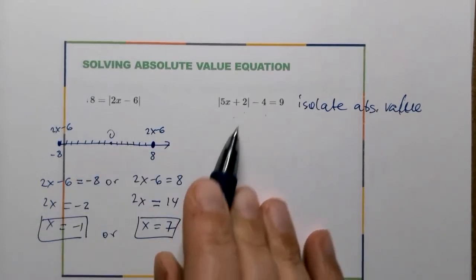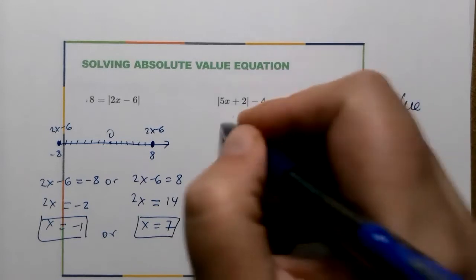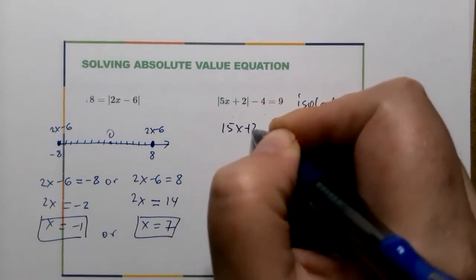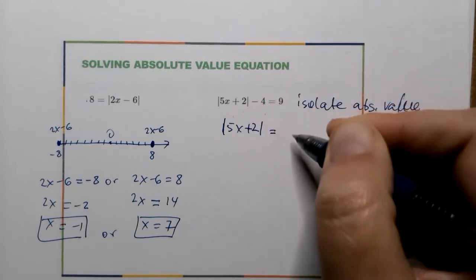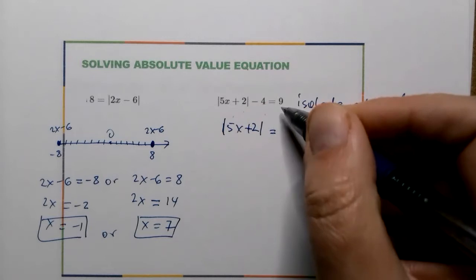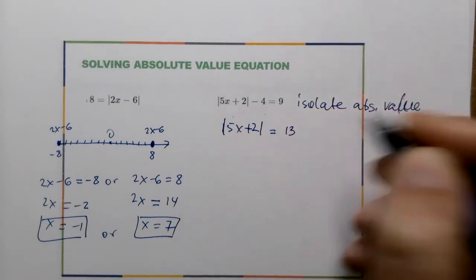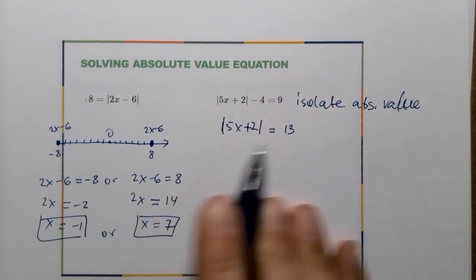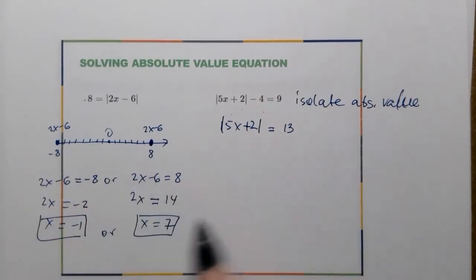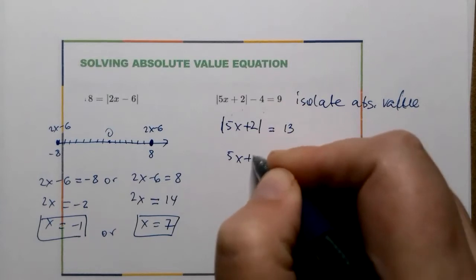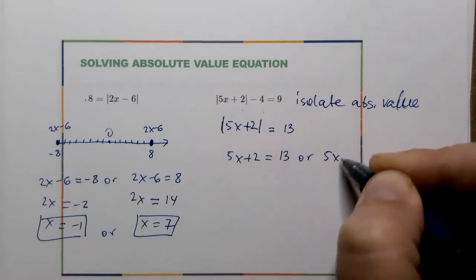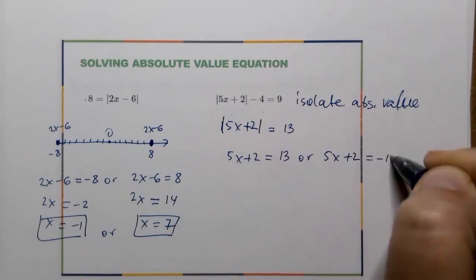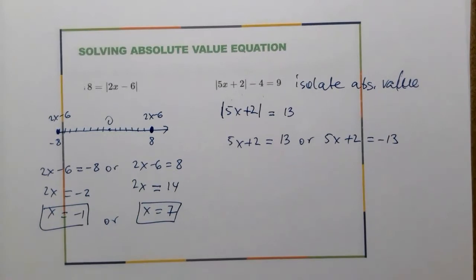Okay, so we're going to bring 4 to the other side, and we have the absolute value of 5x plus 2. Always do your cleanup before you jump into solving. Okay, so this equals 13. So using the same reasoning as here, 5x plus 2 could be either positive 13 or it could be negative 13. So it could be on the positive side of 0 or on the negative side of 0.